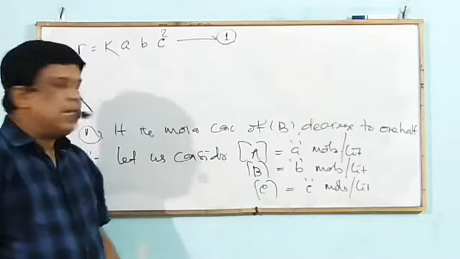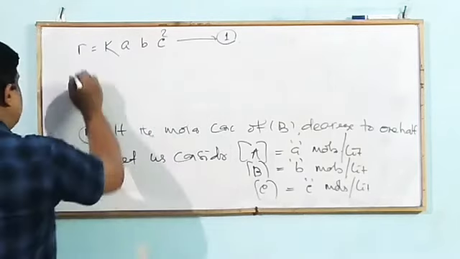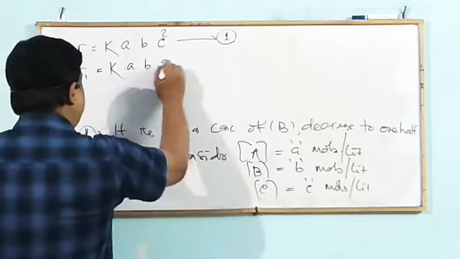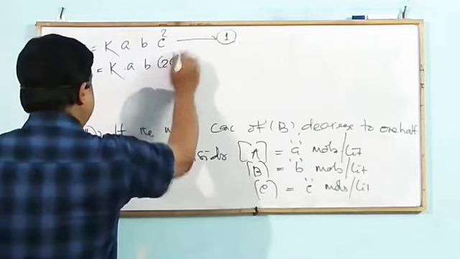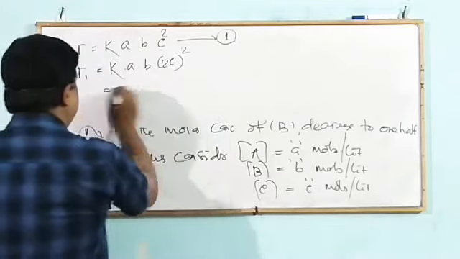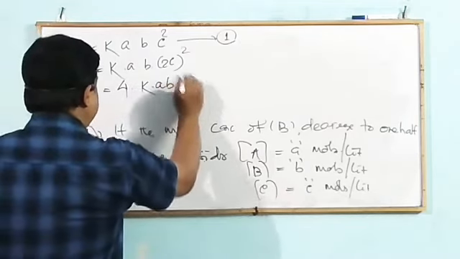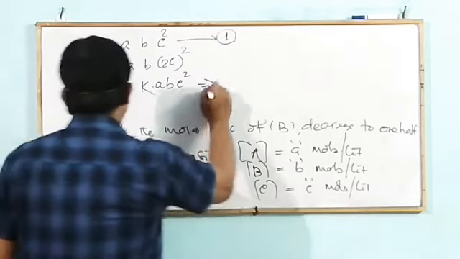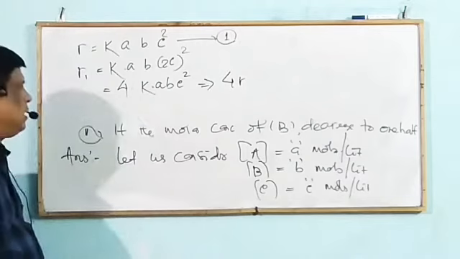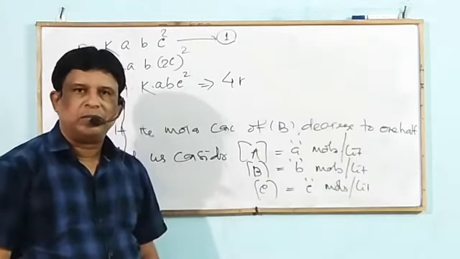The molar concentration of C is doubled, so R1 is equal to K, A, B, 2C square, which is equivalent to 4K, A, B, C square. That means 4R. So from this expression it is clear that the rate of reaction increases 4 times.